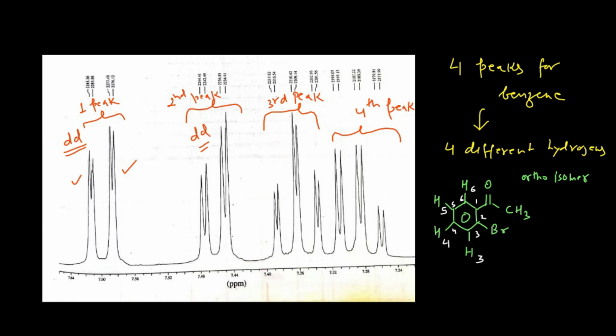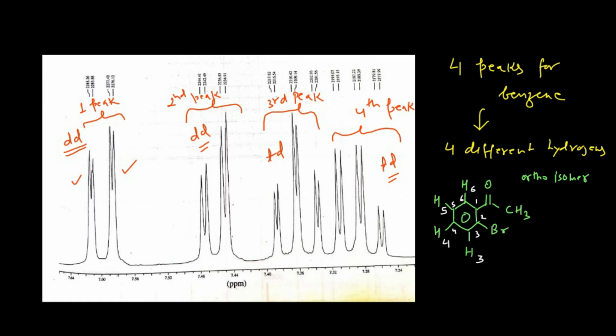But here you can see 1, 2, 3 peaks clustering at the same value, right? So this is known as TD, triplet of doublet. That means doublet 3 times, 1, 2, 3, and all are doublets. So it is TD. And the last one is also your TD, the triplet of doublet.